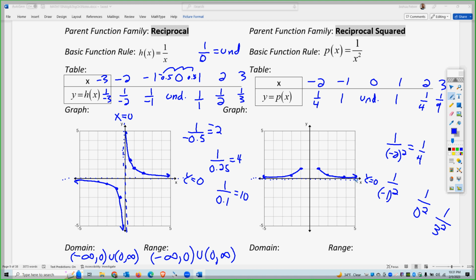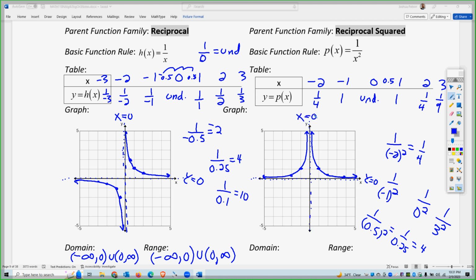If I plug in numbers that are close to 0, like 0.5, I'm going to get 1 over 0.5 squared, or 1 over 0.25, so I'm going to get 4, right? So these are going to get continually higher and higher and higher as I get closer to 0, for another asymptotic behavior, where I cannot, in fact, cross x equals 0.